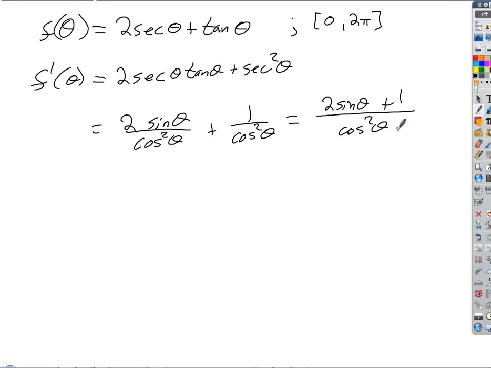This is good for a couple of reasons. What's one reason that that's a good idea? Part of it is we've got it written in rational form, so we can just say it's undefined where the bottom equals 0, and it's 0 where the top equals 0.